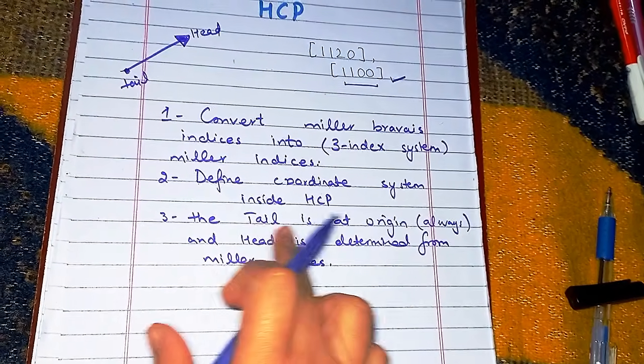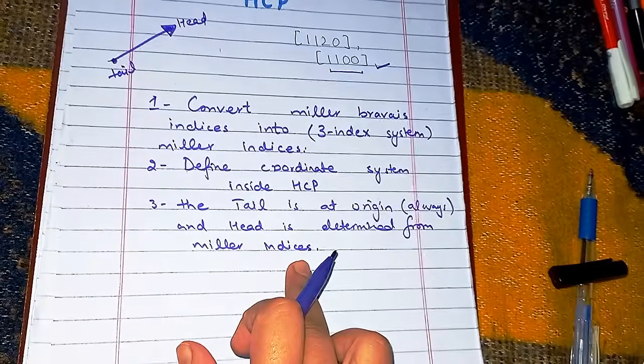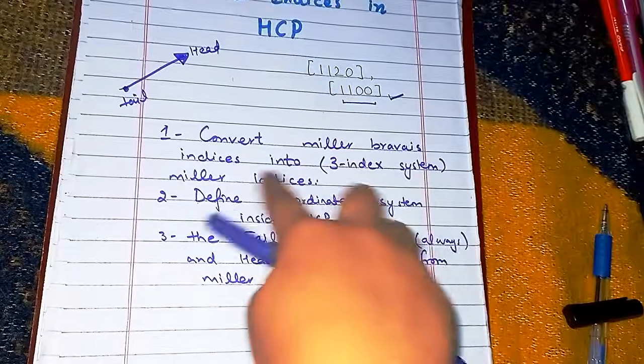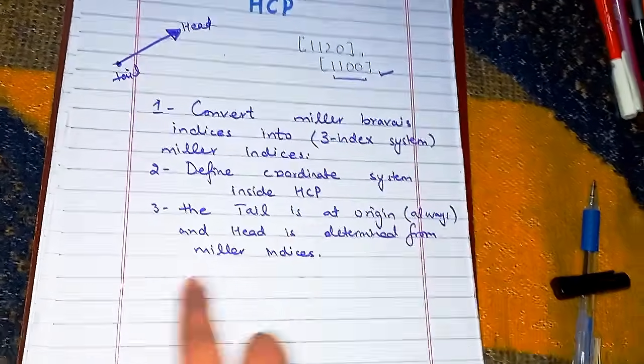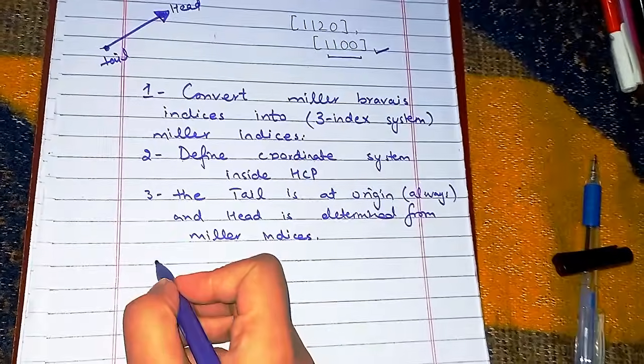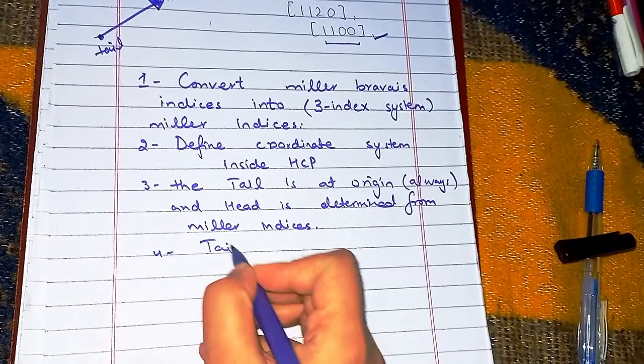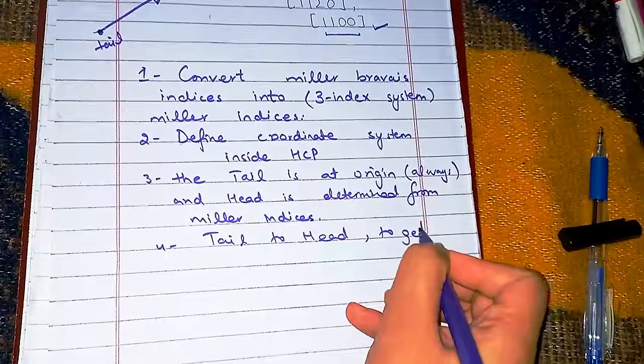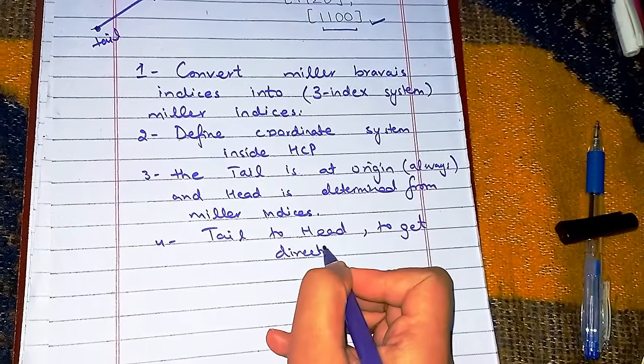So the tail will be at the origin and the head coordinates will be determined from the Miller indices. We'll see how, and after that we'll join tail to head to get the direction.